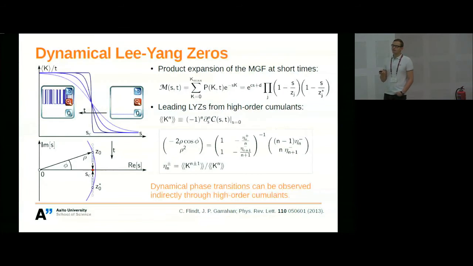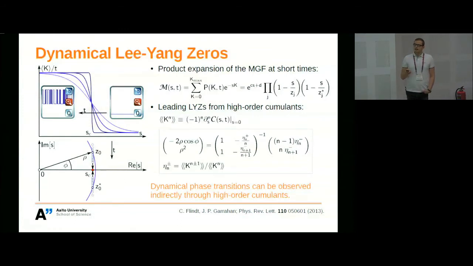Here I have to do it at s equal to 0, because we have to keep in mind that s is still a fictitious parameter. This is the counting field, that is not a physical parameter which I can tune in the experiment. But at s equal to 0, basically all the physics happens. So if I evaluate this object at s equal to 0, these are the real cumulants which I observe in the experiment and which I can use then for further analysis.